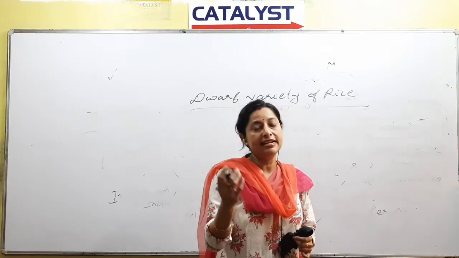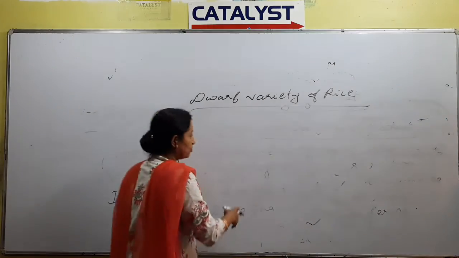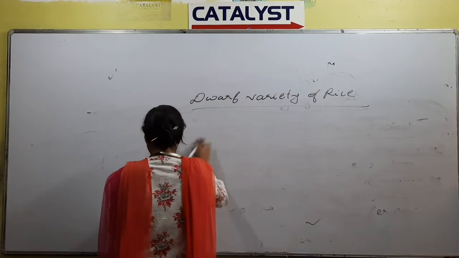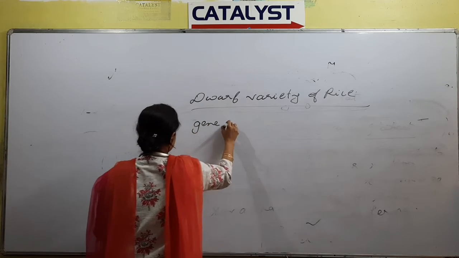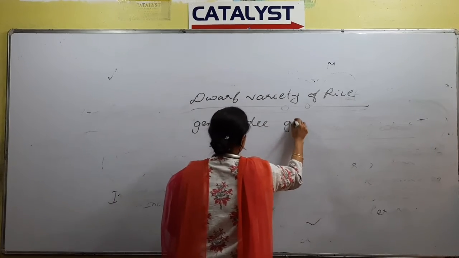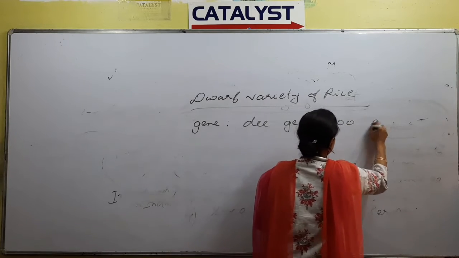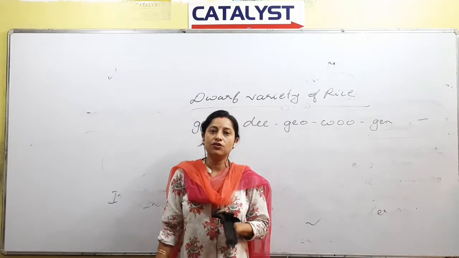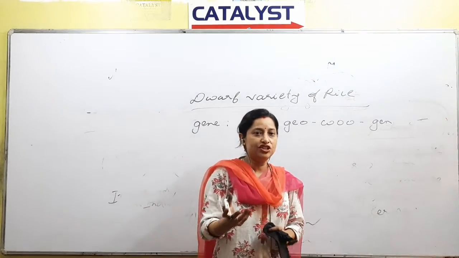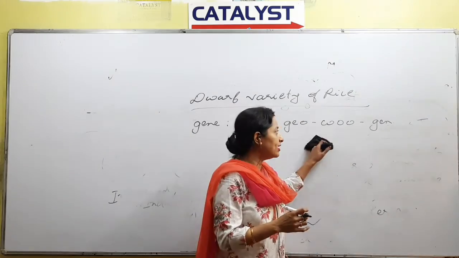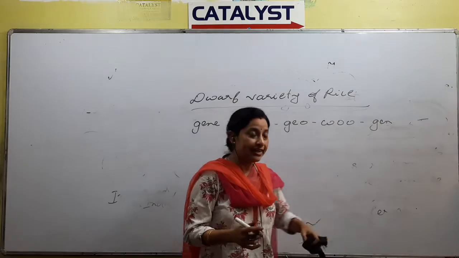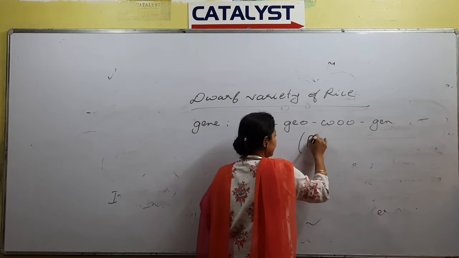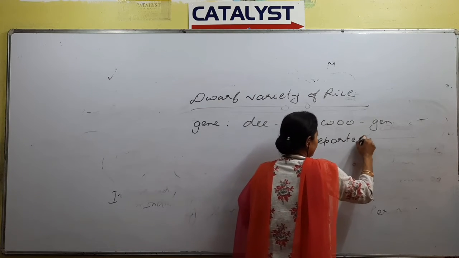Similarly, in case of rice also there was a particular gene that was responsible, and the name of the gene was the DGWG gene, right? Remember the name of the gene. Earlier, when we were talking about wheat, the gene responsible was Norin 10, and when we are talking about rice, it is the DGWG gene. Norin 10 was reported in Japan, and this was reported in Taiwan.